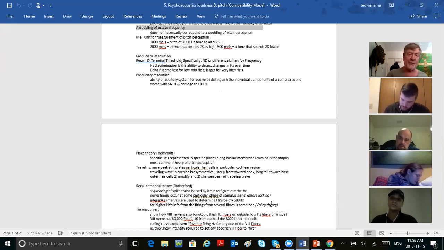Now, what happens with hearing loss? With hearing loss, that goes down. Frequency resolution gets worse. In other words, let's say it takes a normal hearing person 5 hertz difference to hear a difference.